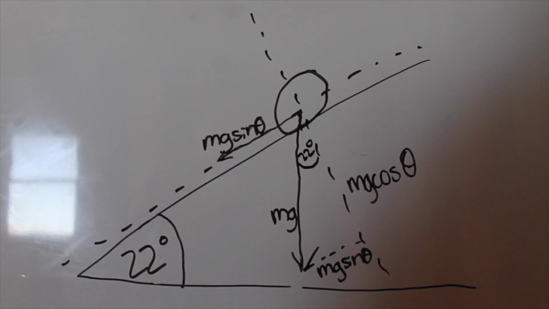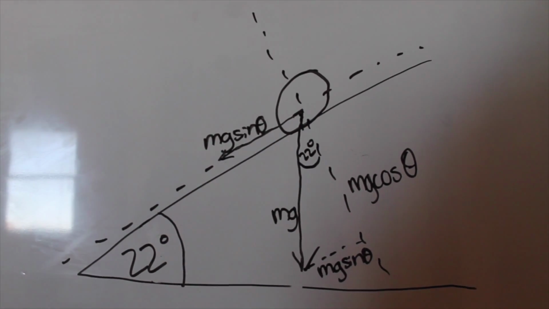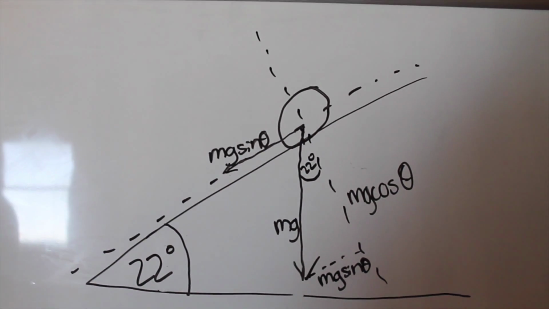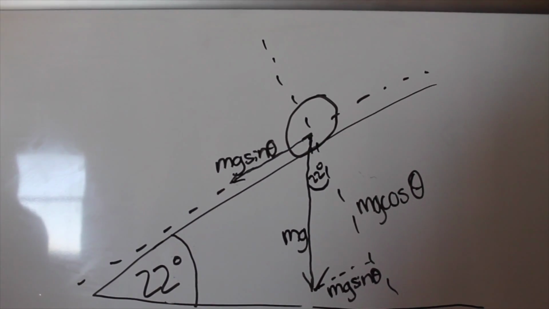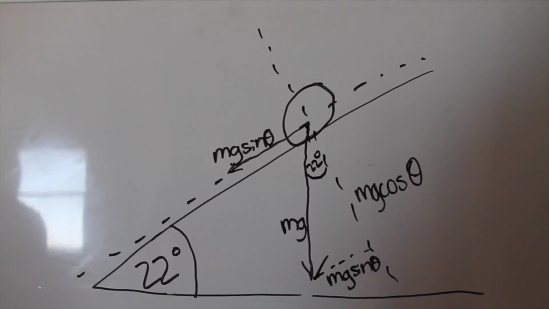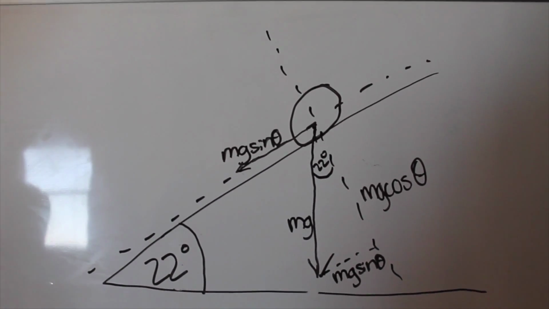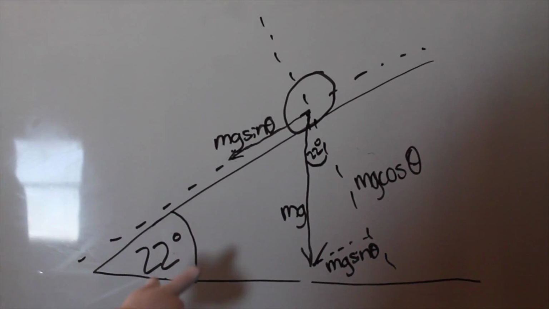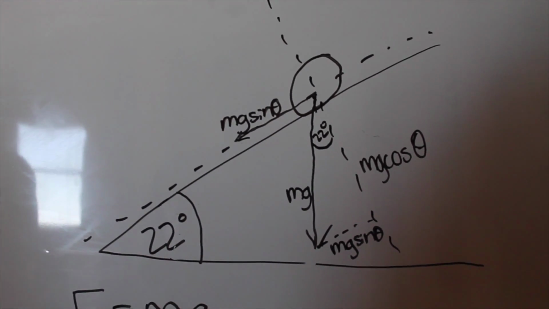Okay, so now we're going to put a little real-life application in this, and we're going to say a car, which is the circle right here, in San Francisco had faulty brakes and is now rolling down a hill. The incline of the hill is set at 22 degrees approximately.